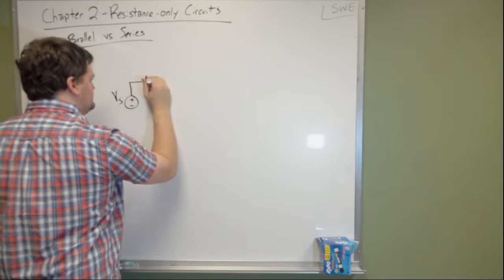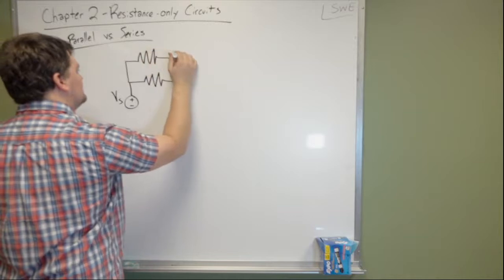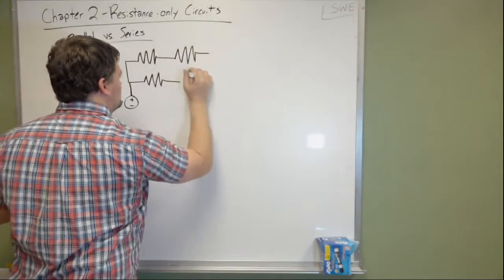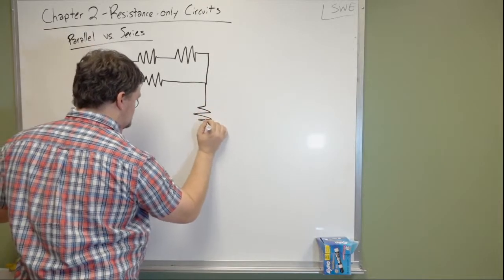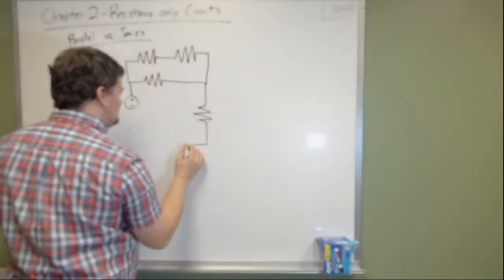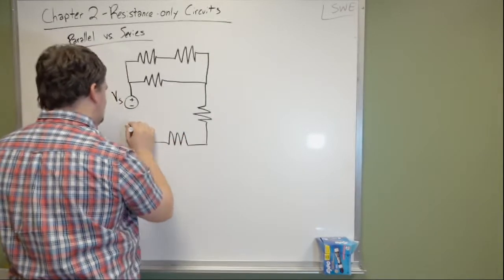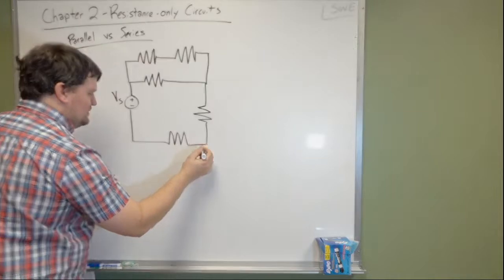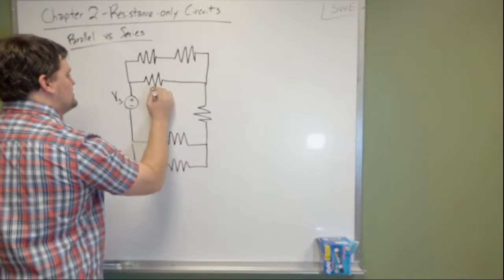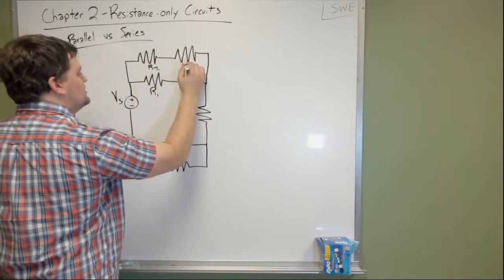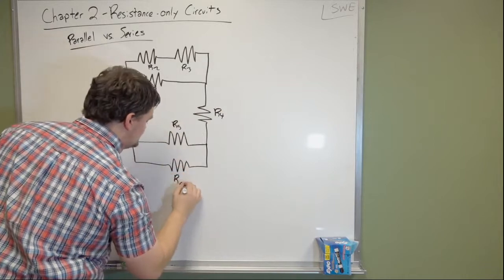We're going to go ahead and do something like this. This will be R1, this will be R2, R3, R4, R5, and R6.